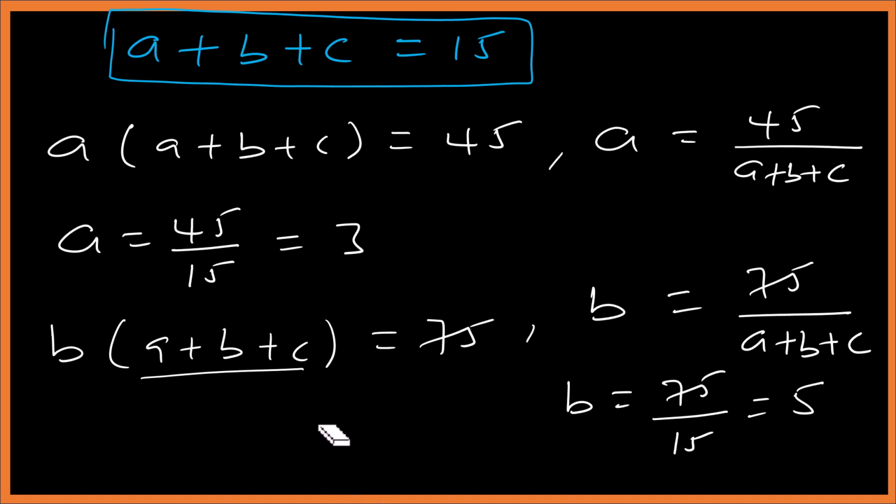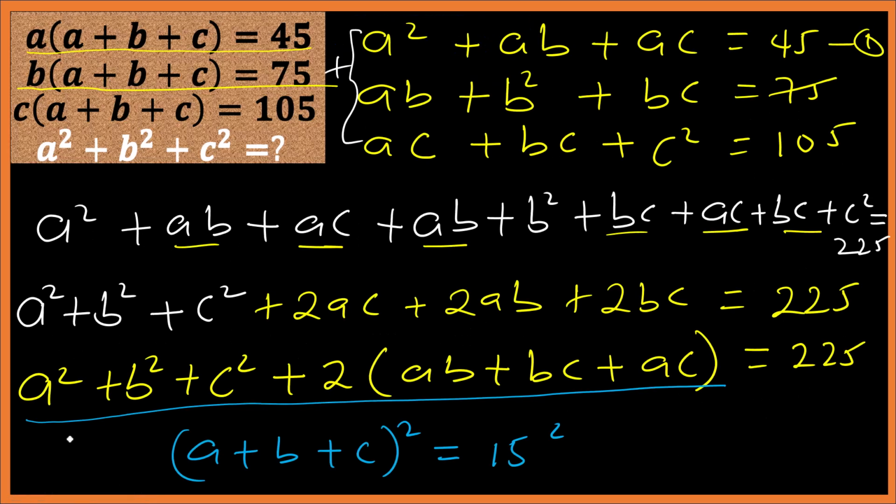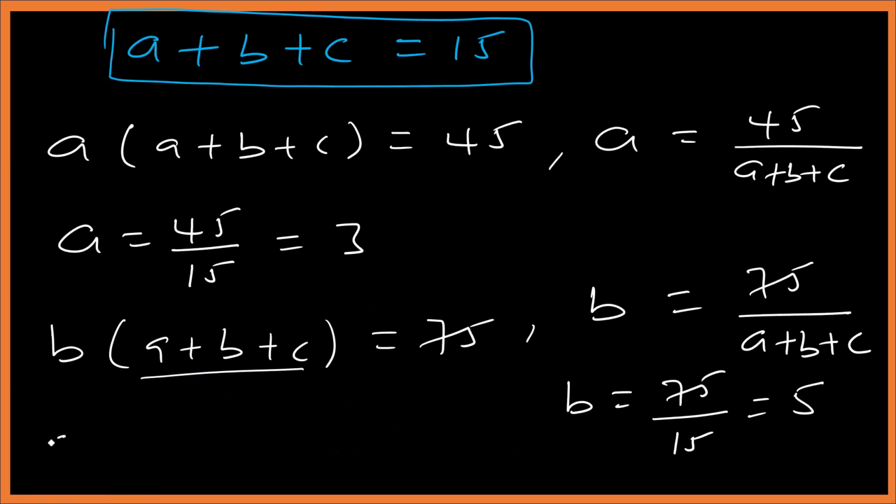Now let's check the last one, c. That is 105, a plus b plus c equals 105.